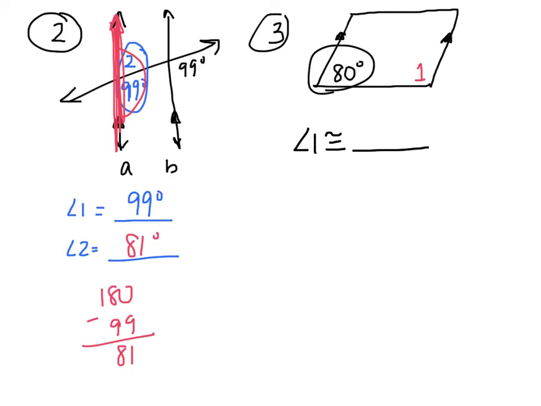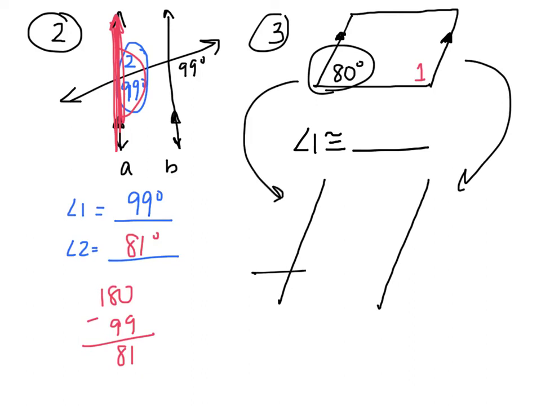So if I'm going to redraw it, I have two parallel sides, which are down here, I'm drawing them, and this side is 80. And I want to find this angle here. This is my original shape in blue. This is my original problem.